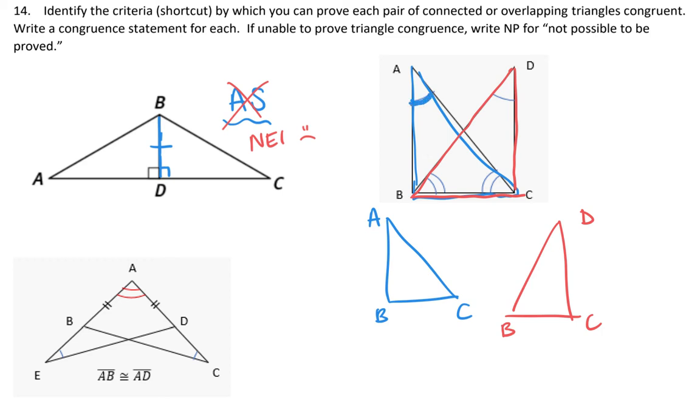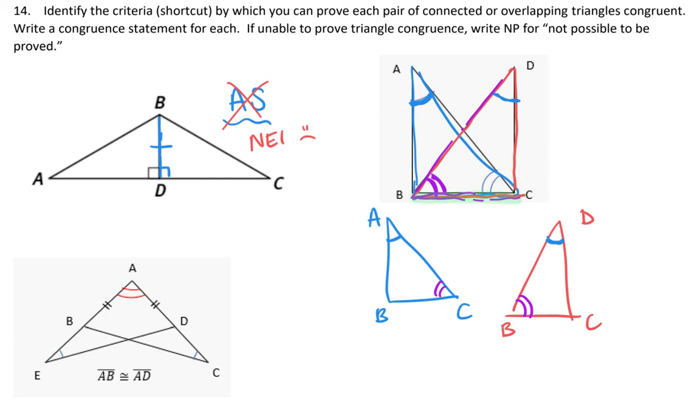So I see that angle A has a congruence mark up here, which matches with angle D's congruence mark. Okay, and then I also see that this angle B down here, I should call it angle DBC. Angle DBC has 2 congruence arcs, which matches with angle BCA's 2 congruence marks.